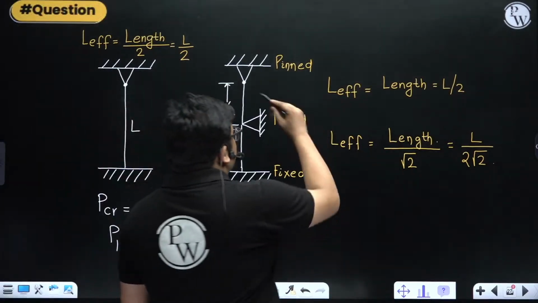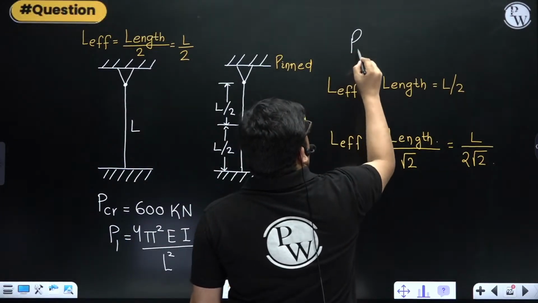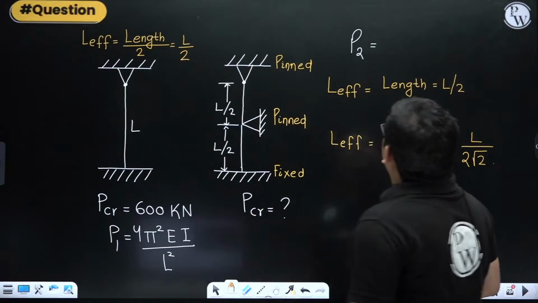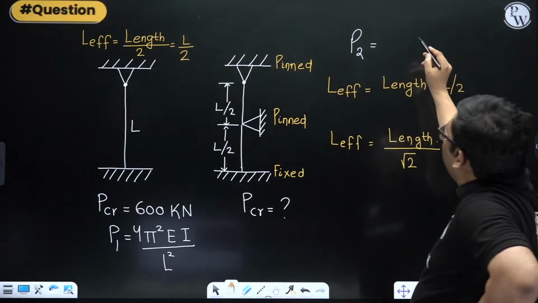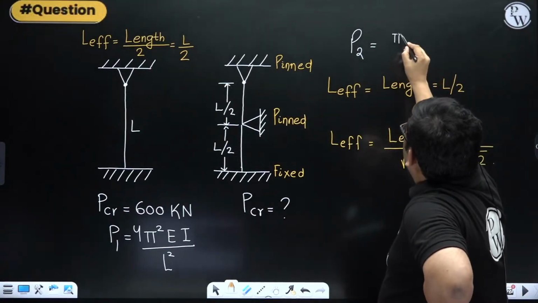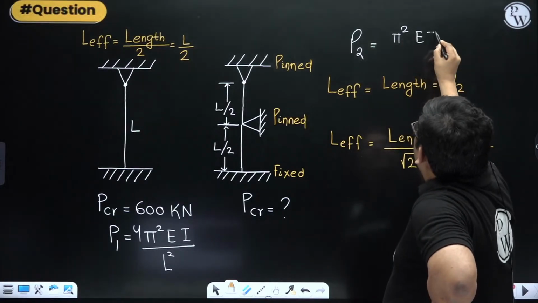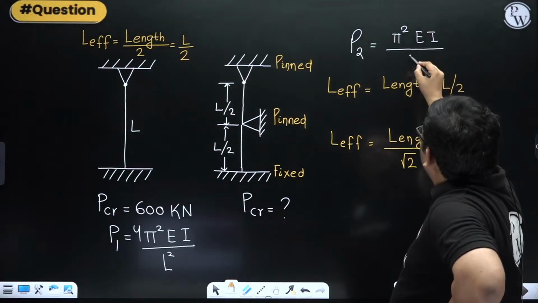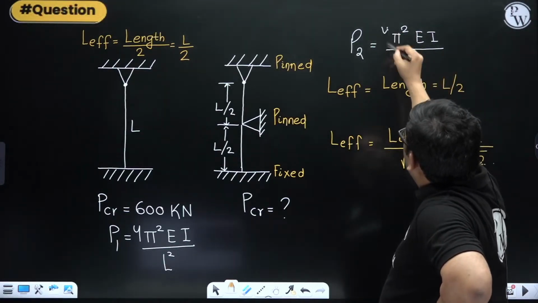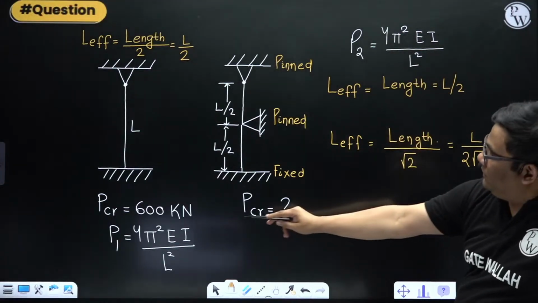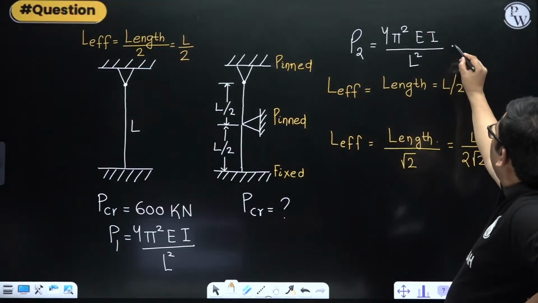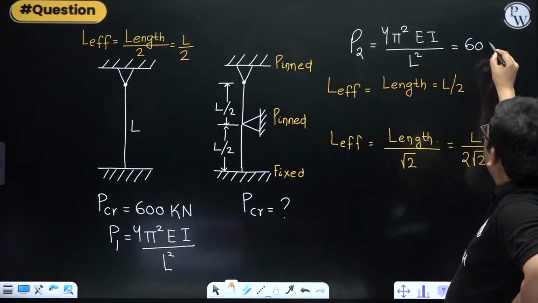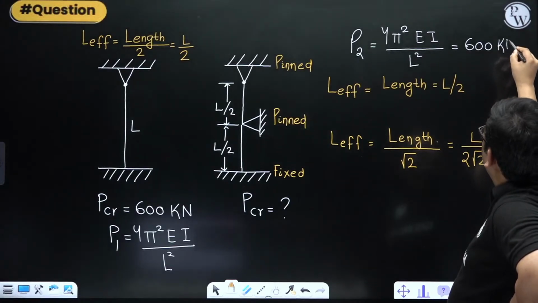If I take this as the second column, it will be pi square EI by L by 2 whole square, so it is L square and then 4. You see this is 600, so this also will be 600, right?